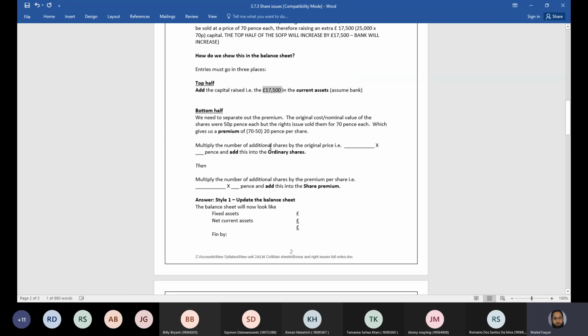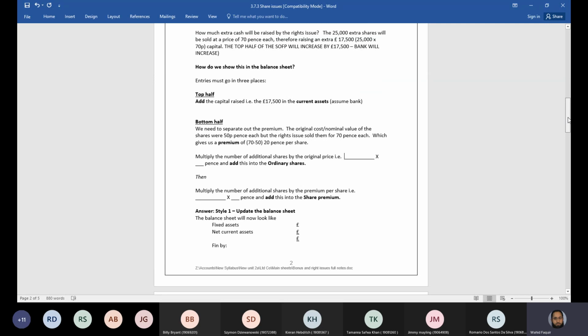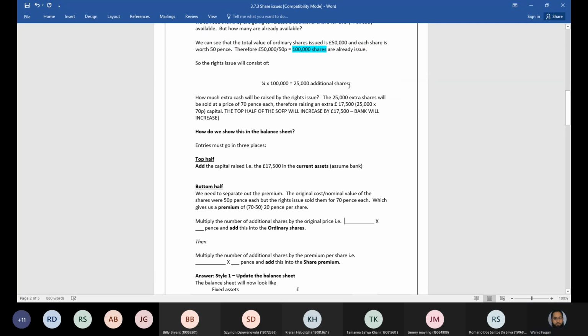Okay, multiply the number of additional shares by the original price. Let's just follow this as a set of instructions. It's easy, isn't it? Additional shares, we did a calculation earlier. If you've forgotten, scroll back up. That's your additional shares, 25,000.